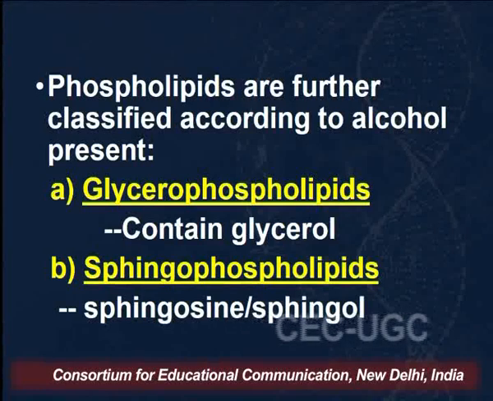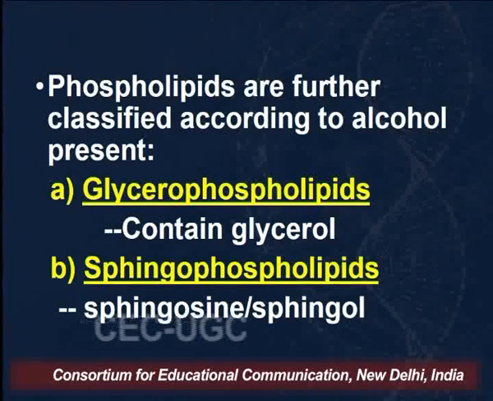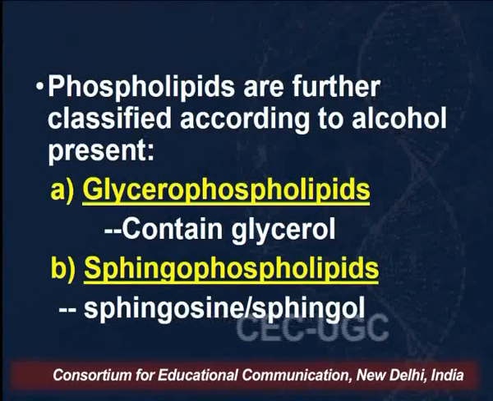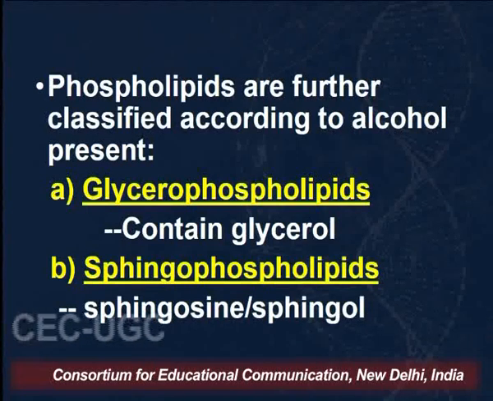So what you have to remember is, what are phospholipids? Phospholipids are complex lipids which are made up of an alcohol part, a fatty acid and a phosphate part. And where do they differ?